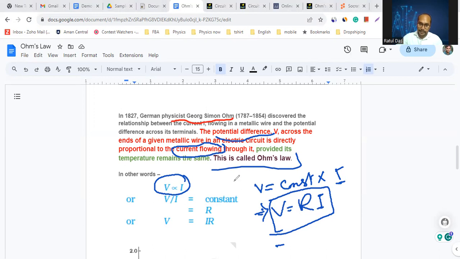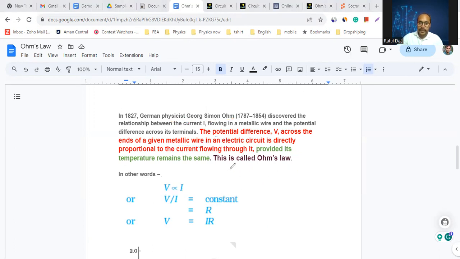The definition of Ohm's law is that the voltage in a circuit is proportional to the current in the circuit. It is called Ohm's law. And the final mathematical outcome of Ohm's law is V equals IR. Okay, fine.